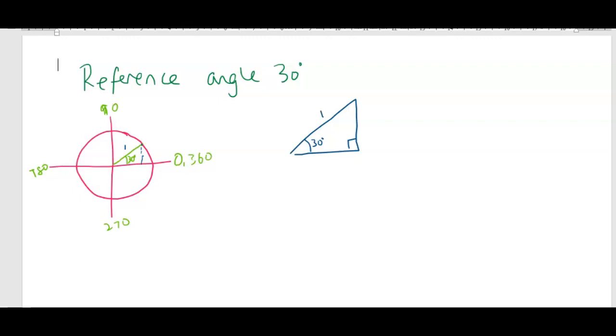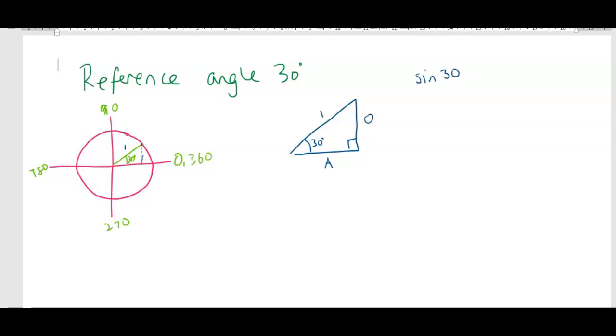Now, your two other sides, this is your opposite side and this is your adjacent side. We can get the value of your opposite side and your adjacent side by using a trig ratio. If we wanted to find the opposite side, we could use sine.